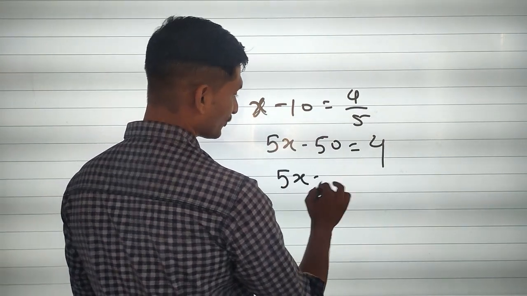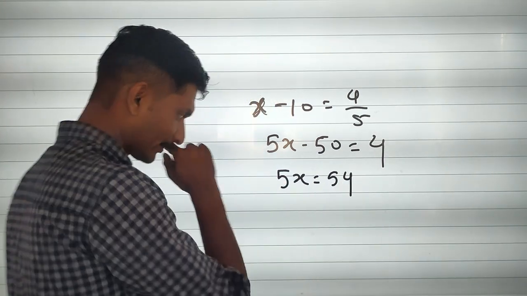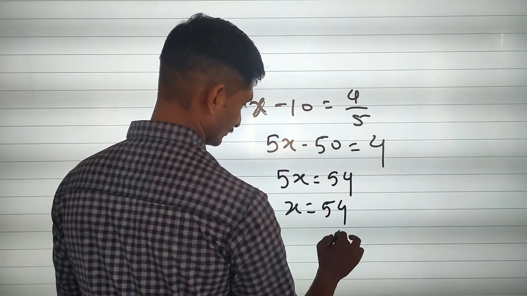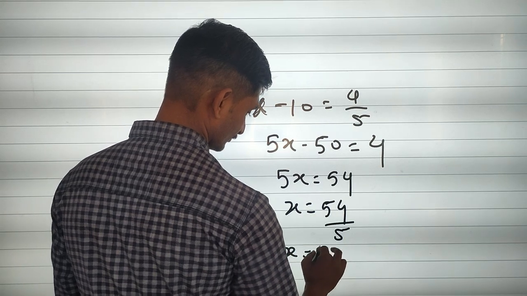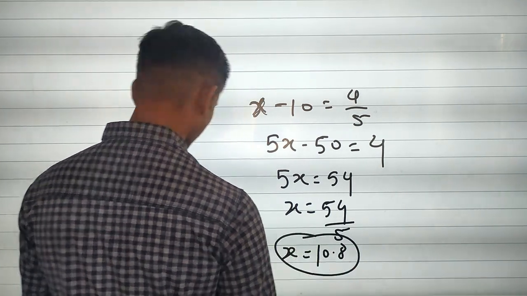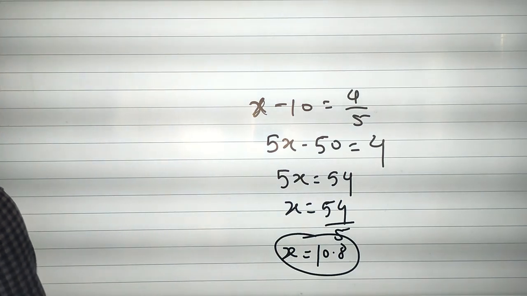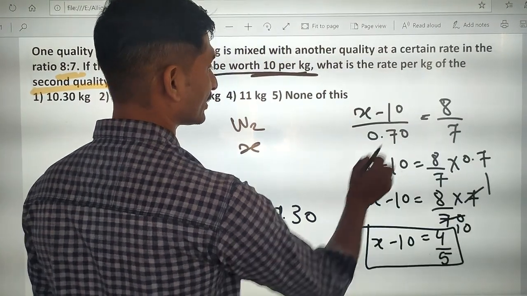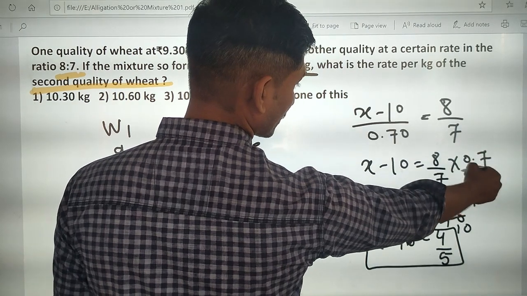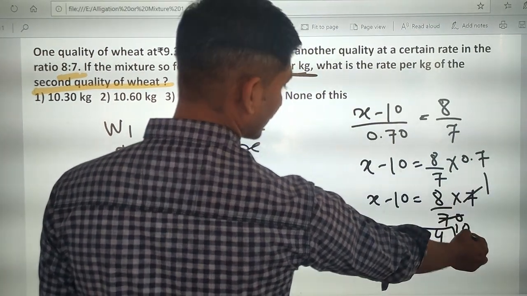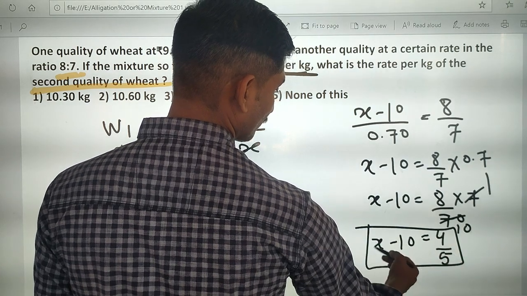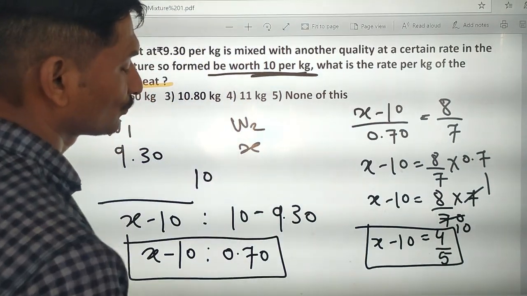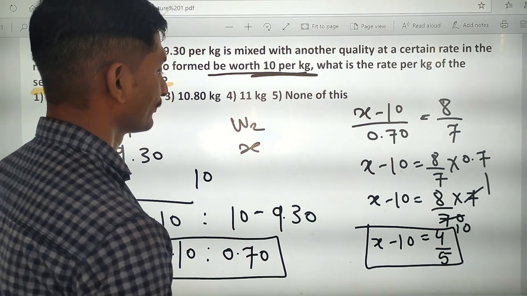Then 5x is equal to 54, and x is equal to 54 by 5.